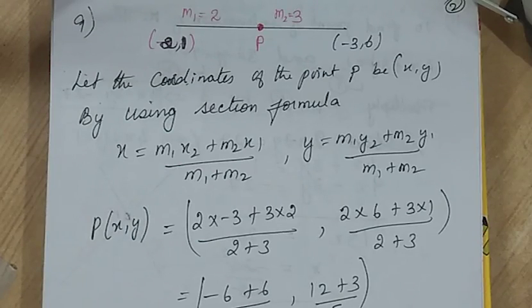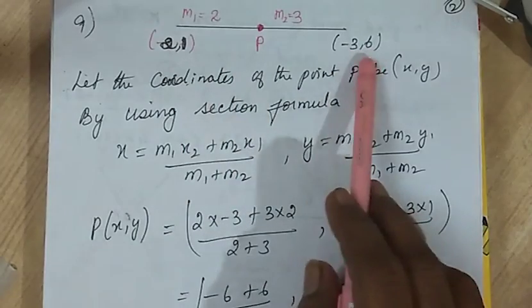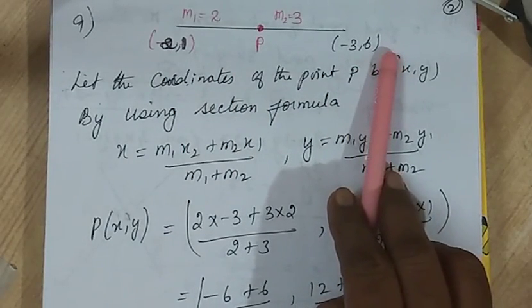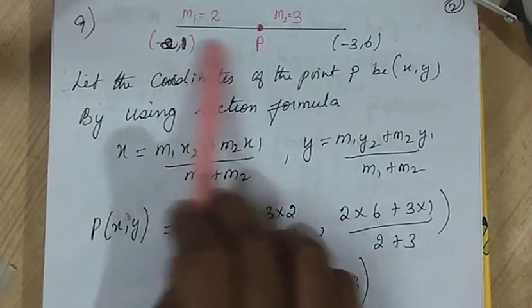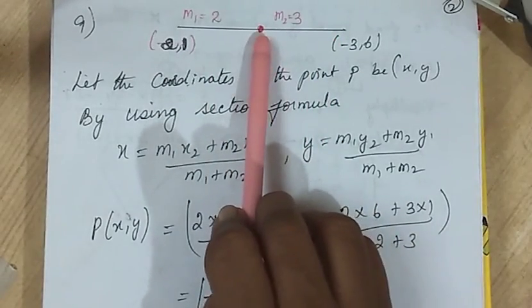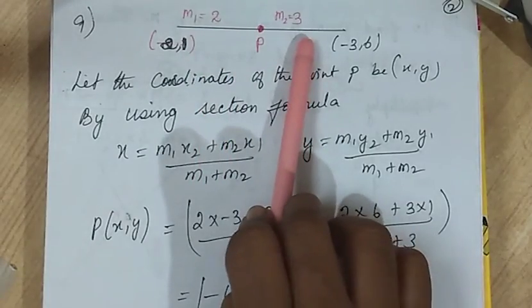So here we got 2 points. The coordinates of these points will be (2, 1) and the other one (minus 3, 6). So when we join these two, you will get a line segment, and this line segment is divided by the point P in the ratio 2:3.